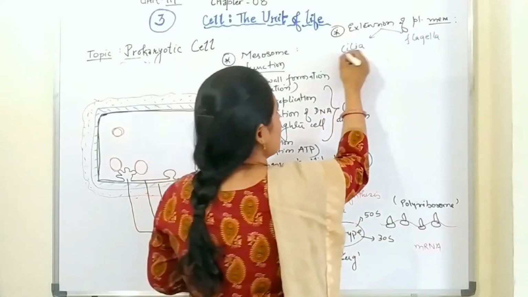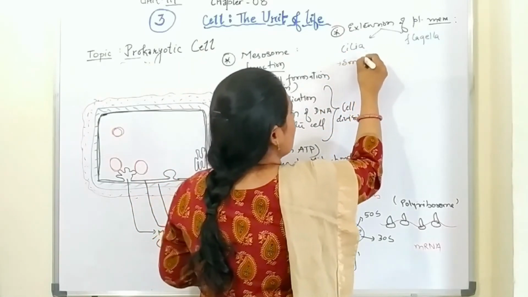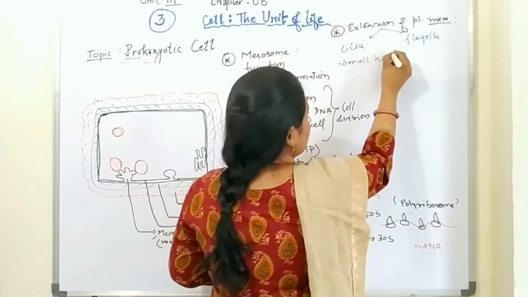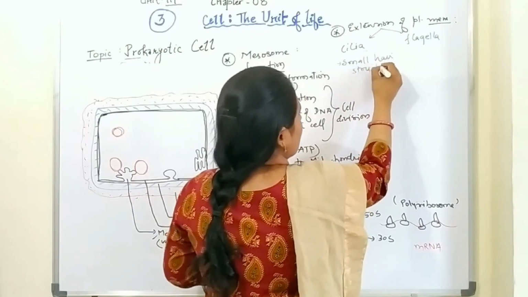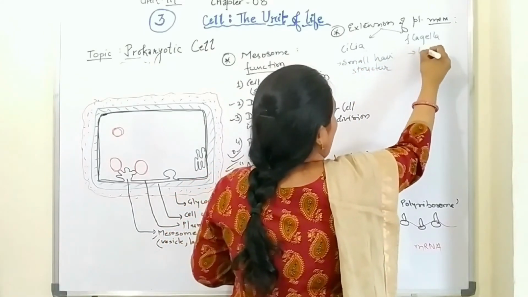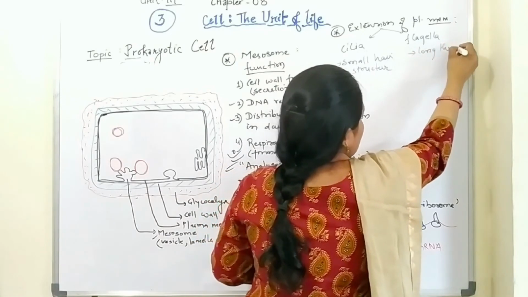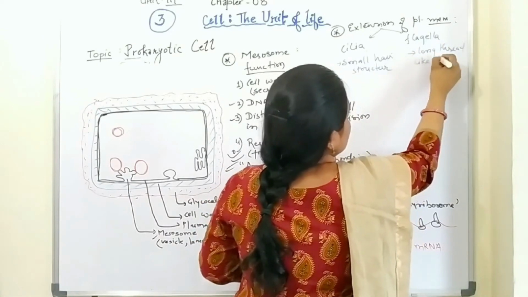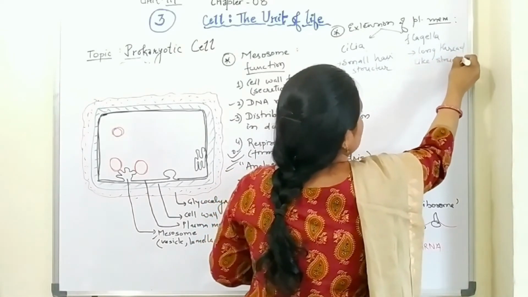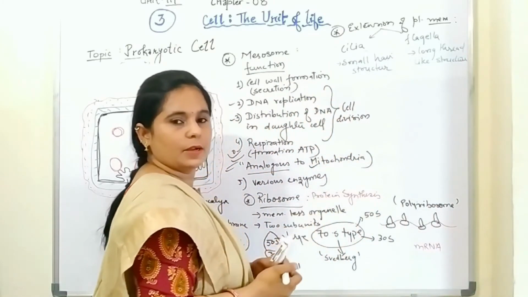So cilia is a small hair-like structure, and flagella is a long thread-like structure. So both help in movement.